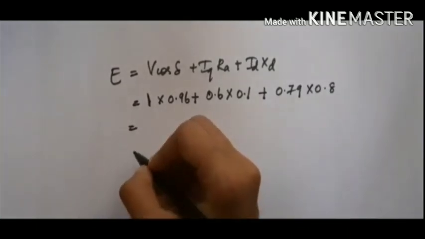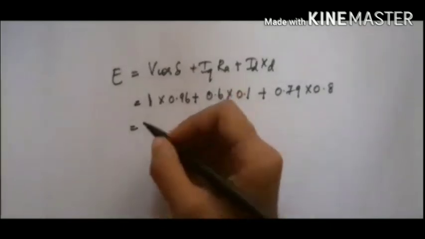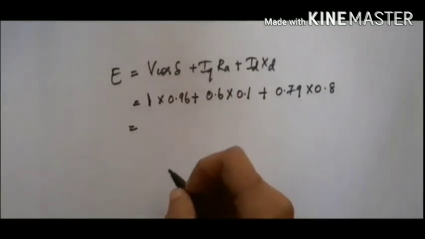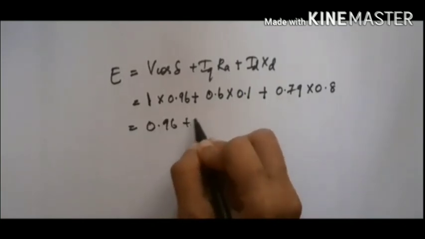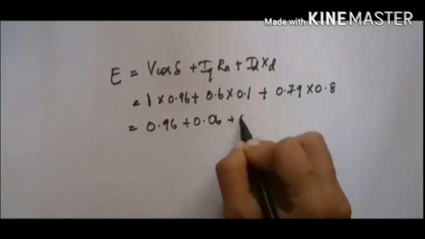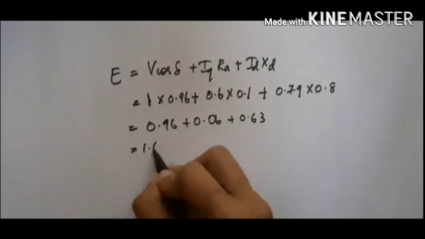Therefore, it will be 1 into 0.96 plus 0.6 into 0.1 plus 0.79 into 0.8, which is equal to 0.96 plus 0.06 plus 0.63, which is equal to 1.652.